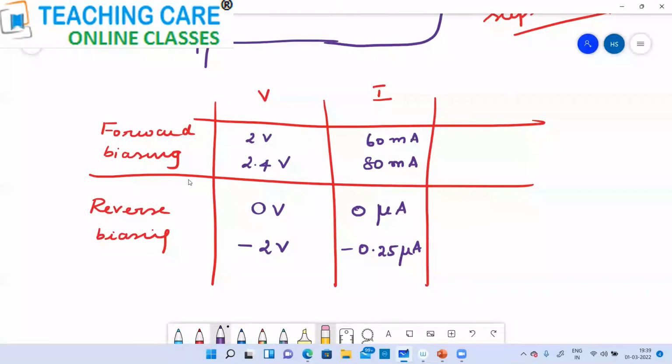Calculate the forward and reverse bias resistance of the given diode.